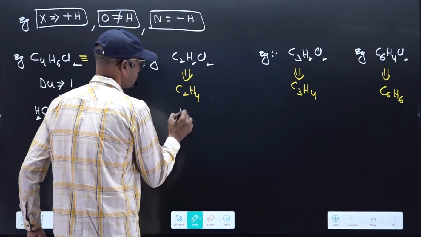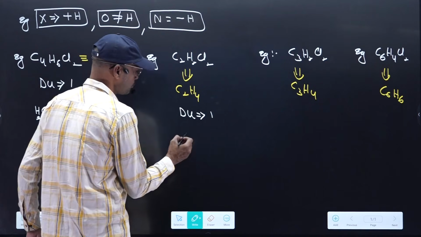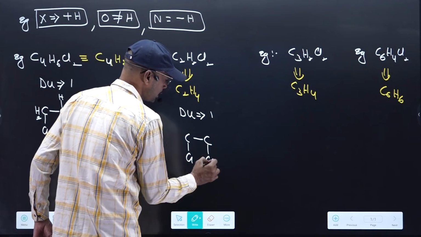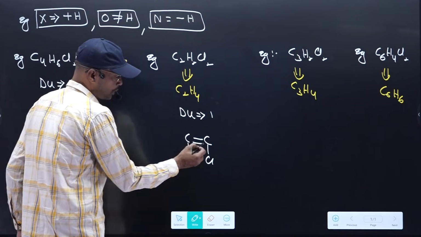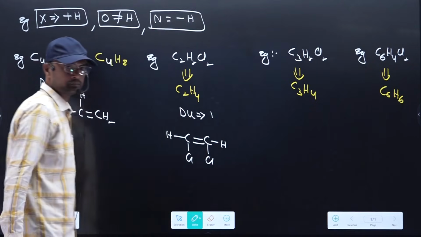So what about Du? Degree of unsaturation 1 or not? If it is 1, first you write down 2 carbons, then 2 chlorines, then create Du. I am putting a double bond here, no other option. Then here add 1 hydrogen, here add 1 hydrogen, that's it.